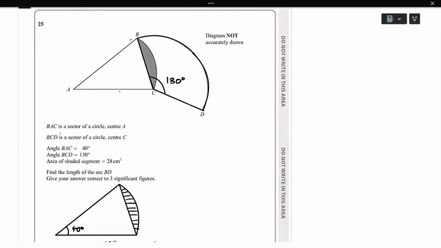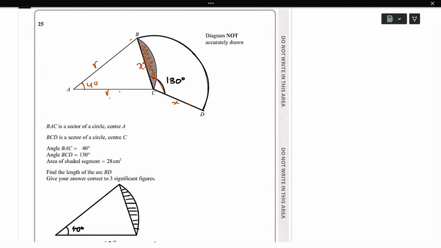So BAC, the sector is centered at A, the other one is centered at C here, and this angle is going to be 40, this angle going to be 130, and the area of the shaded region is 28. So first, this is our clue, find the radius. This is the radius of this sector. So this is x, this is x.